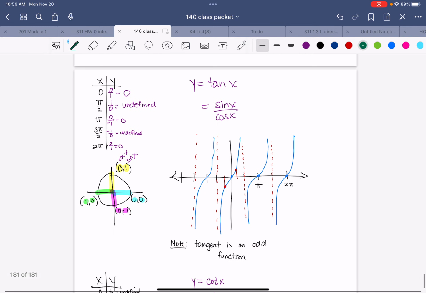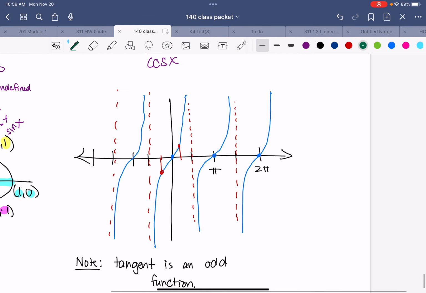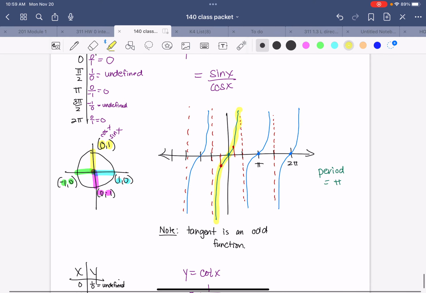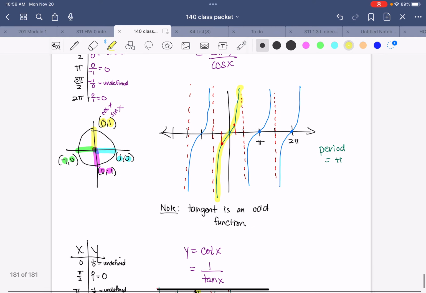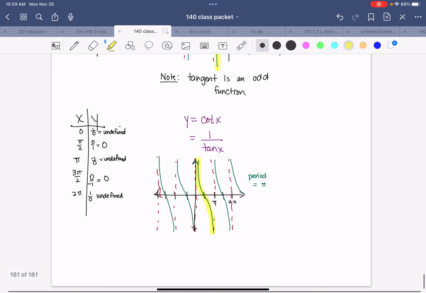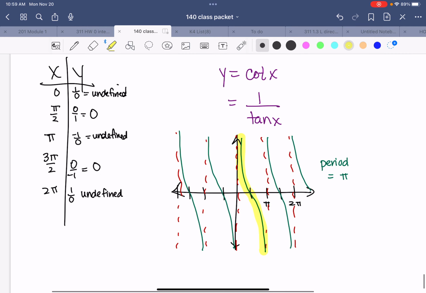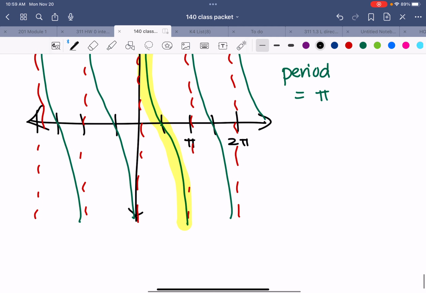The same thing is true up here for tangent. The period is equal to pi because I can get everything I want between negative pi over 2 and positive pi over 2. And if you take those two distances and add them together, pi over 2 and pi over 2 is positive pi.